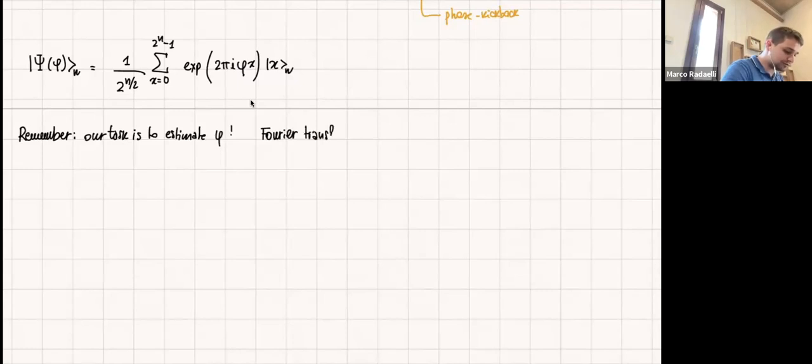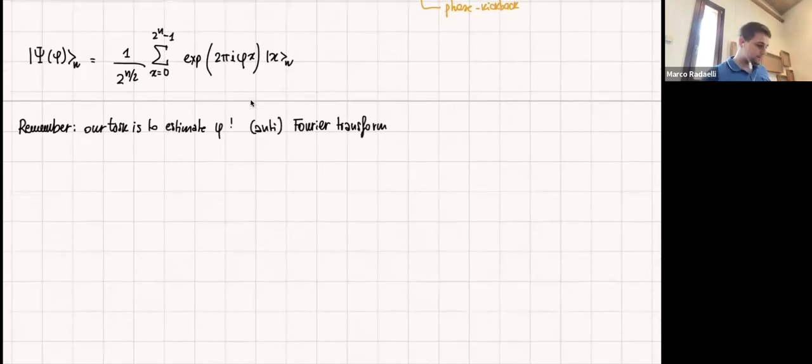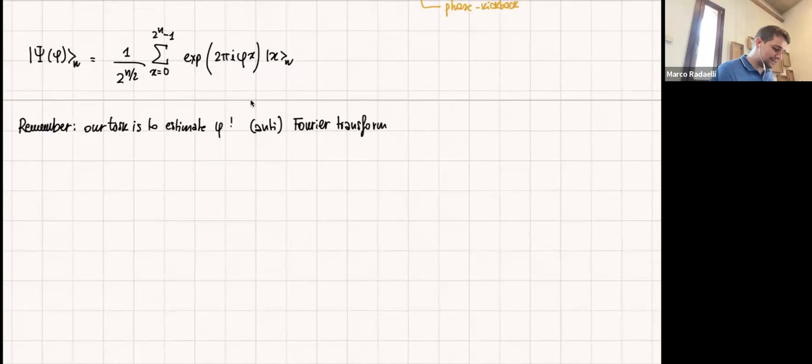Actually, what we are going to use is the inverse Fourier transform, but you probably know that the difference between a Fourier transform and the inverse Fourier transform is basically a minus sign. So we apply this Fourier transform.